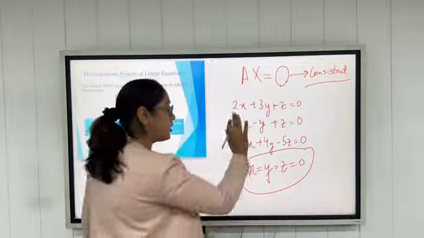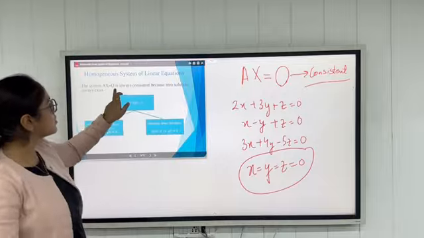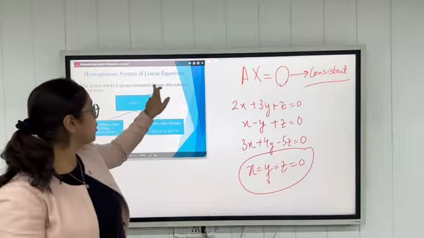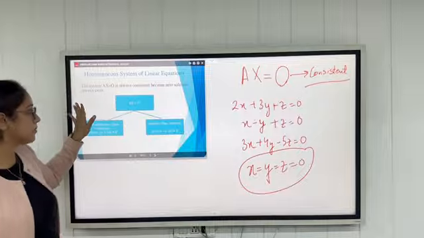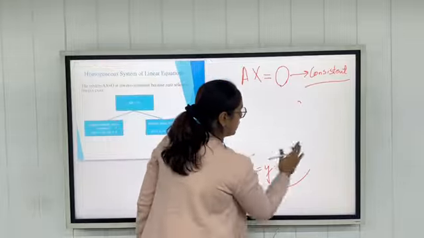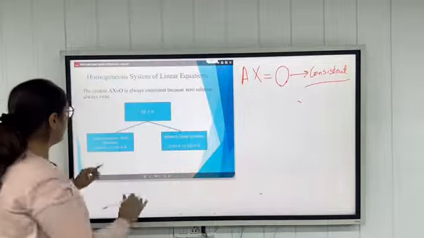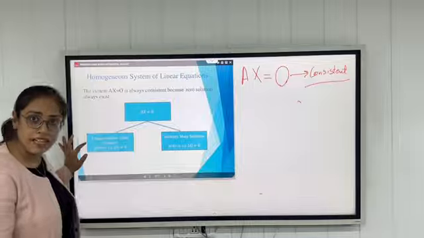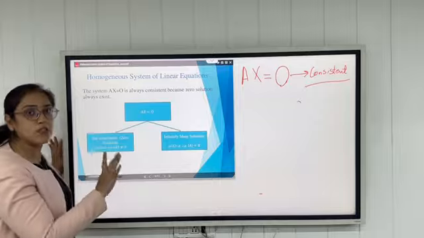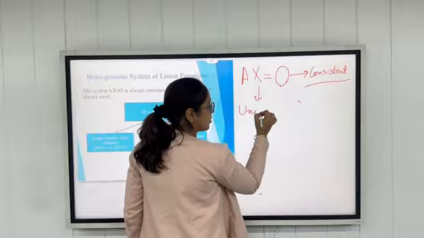So the first thing is the system Ax equals 0 is always consistent because the 0 solution always exists. Second, in this case, it will have a unique solution, which means the 0 solution.